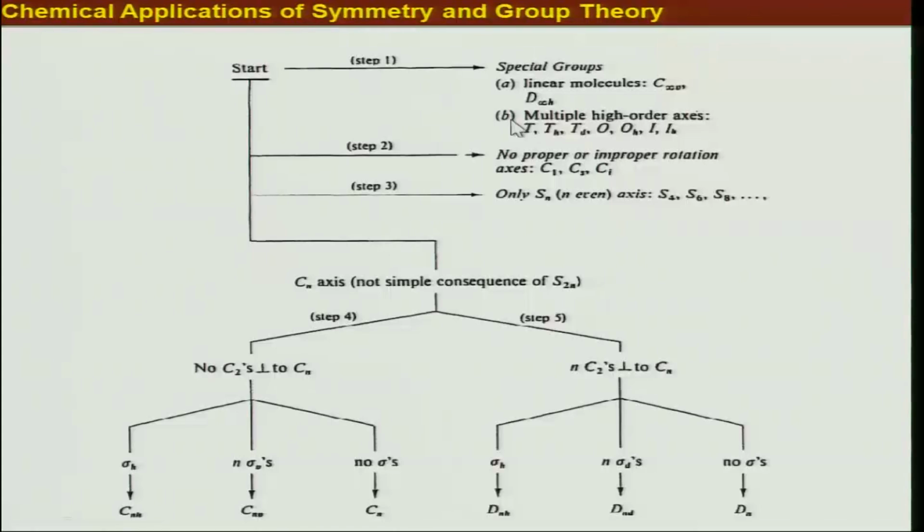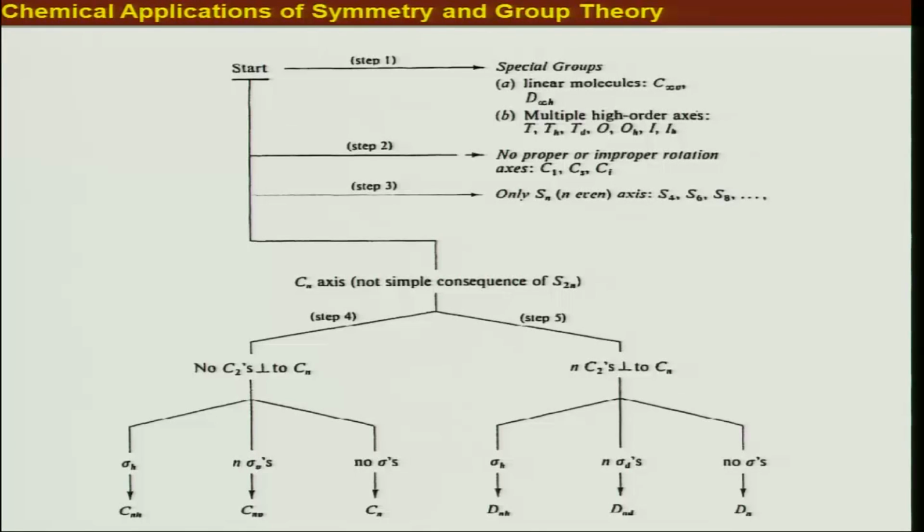The second thing you can ask is whether the molecular structure under consideration has multiple higher order axes. By higher order axis I mean any Cn where n is greater than 2. For example, if I have a C3, I will look for any other C3 in that molecule. I am talking about the elements.